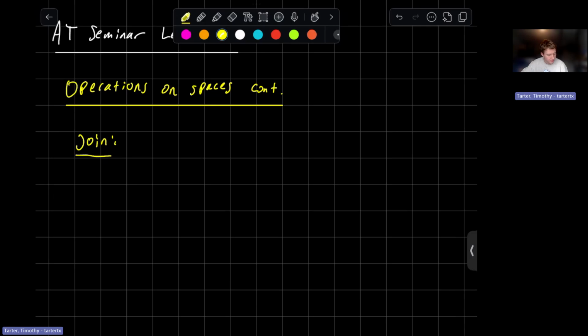More generally, given X and a second space Y, one can define the space of all line segments joining points in X to points in Y. So the join X star Y is the union of all line segments joining points of X to points in Y.